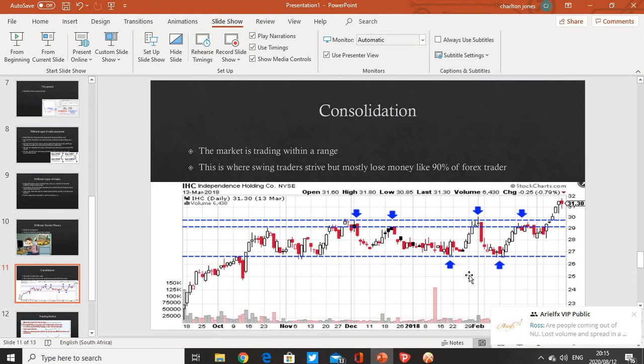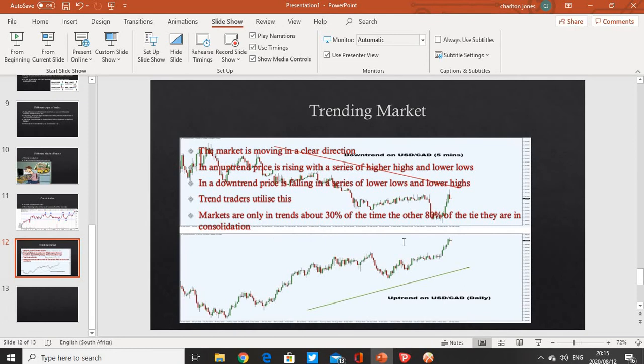Lots of people trade using support and resistance, but I wouldn't recommend that. A swing trader would wait for price to reach this area, touch it again, then they would sell from this area because clearly it's been acting as resistance. But the problem is you don't know when this is going to happen, and that's why this doesn't work out too much.